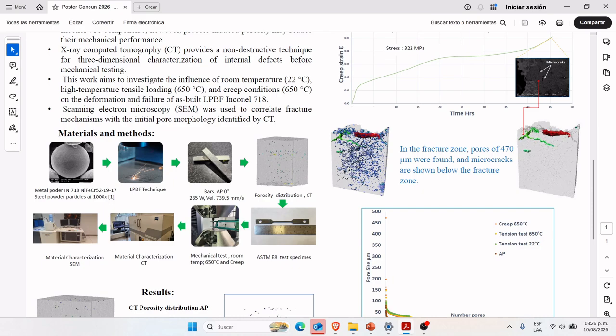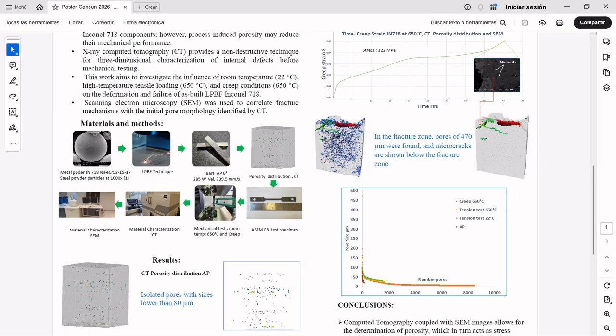From these printed bars, ASTM E8 specimens were manufactured with the EDM machine. Samples of 2 by 2 by 2.5 millimeters were cut using a diamond cutter, which were used for characterization by means of CT. Mechanical tests were then performed: a tensile test at room temperature, a tensile test at 650 degrees Celsius, and finally, a creep test at 650 degrees Celsius.